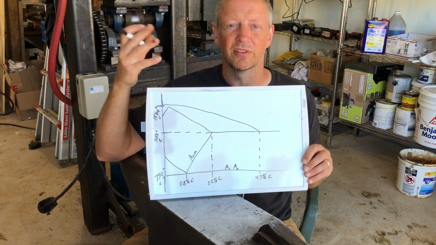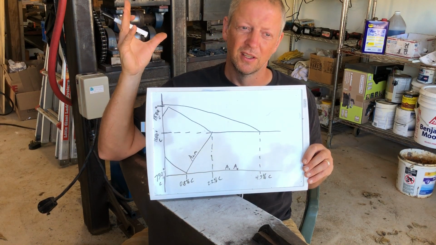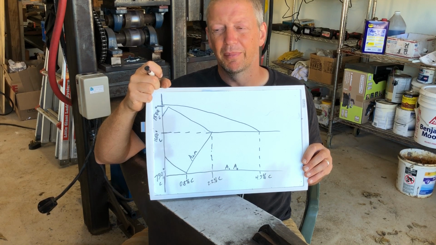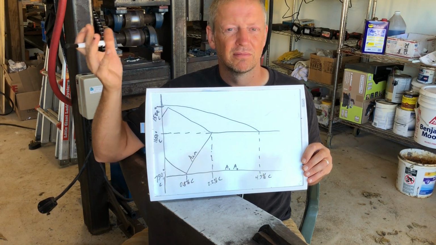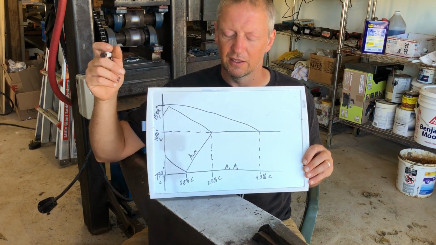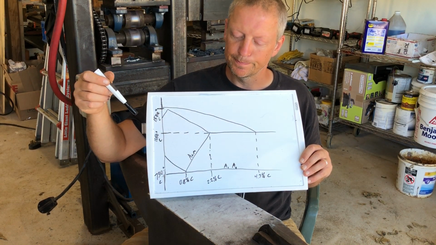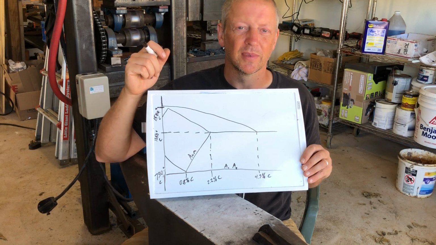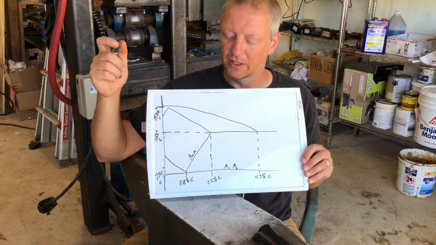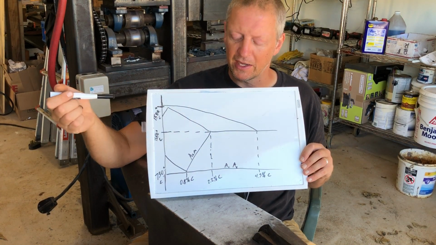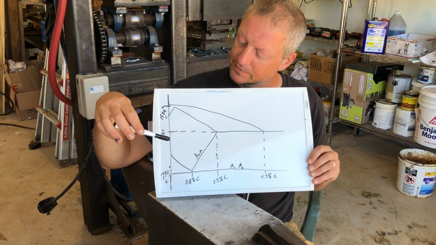Wootz, for most people, sort of summarizes that this is a small batch, high carbon steel, made in a small furnace, not a large batch steel made in industry. But you know what? There's plenty of room for argument on that, but I'm not going to argue with you about it. So back to our diagram.